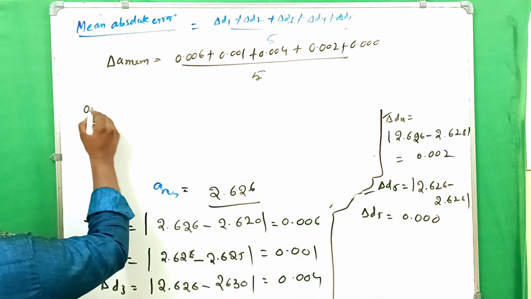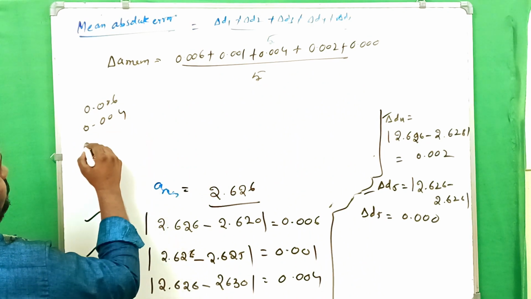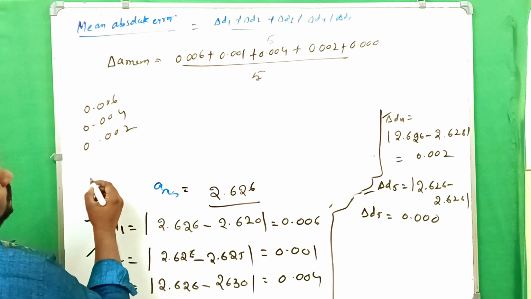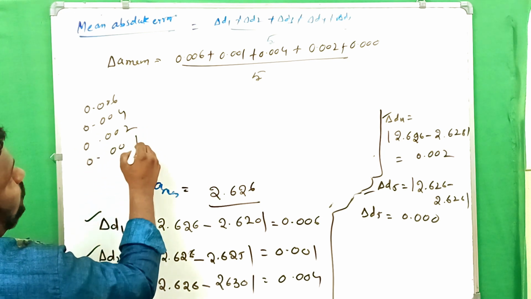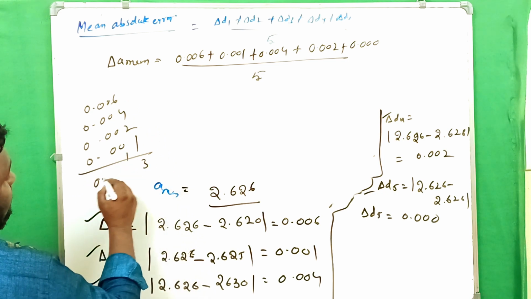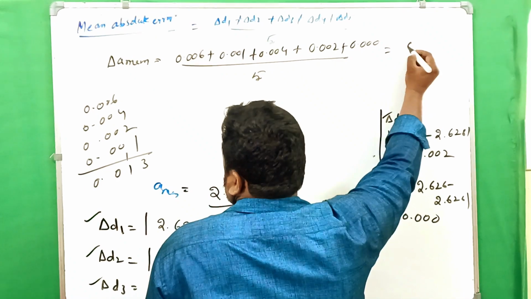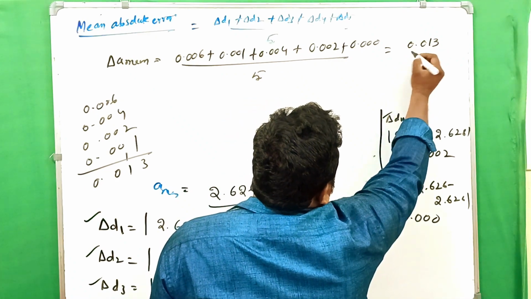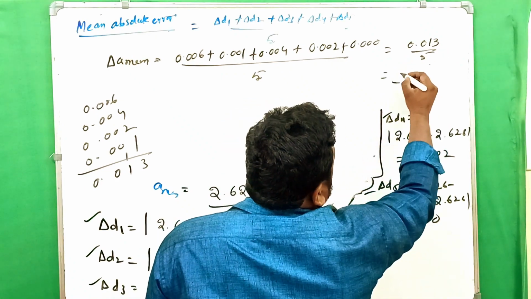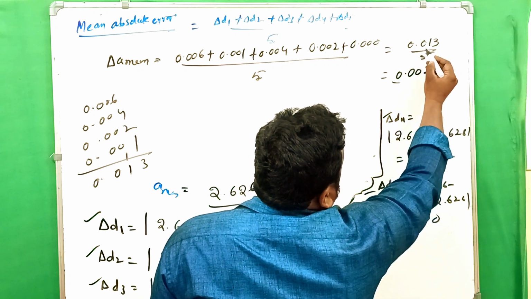So what do we know here? 0.006, 0.004, 0.002 and 0.001. So 6 plus 4, 10, 12, 13. So then what do you get? 0.013. So here 0.013 by 5, 0.0026.